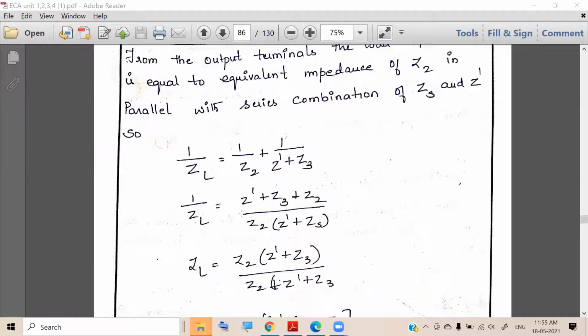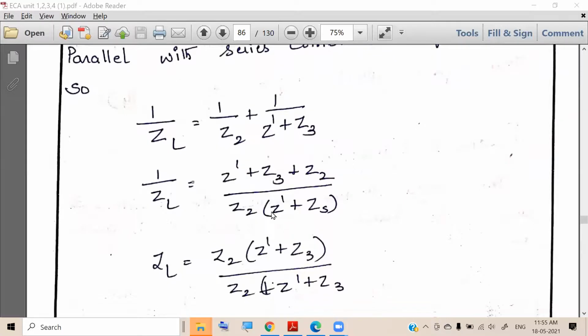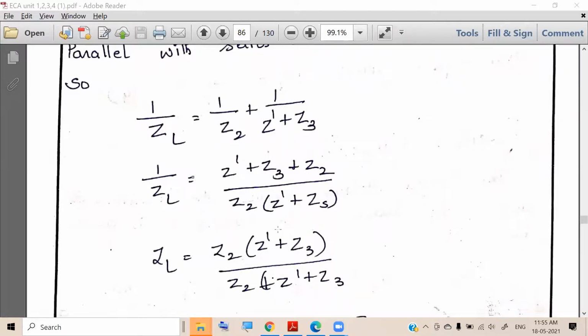So Z2 into Z dash plus Z3 will now come in the numerator.